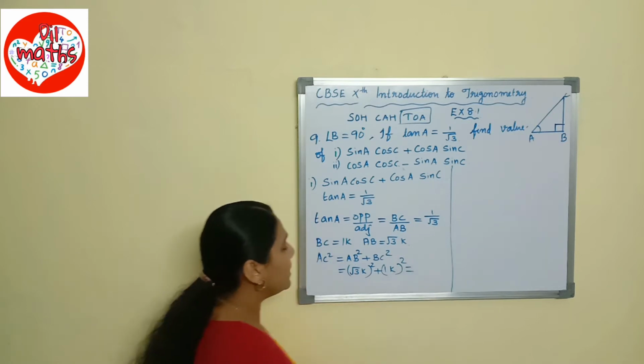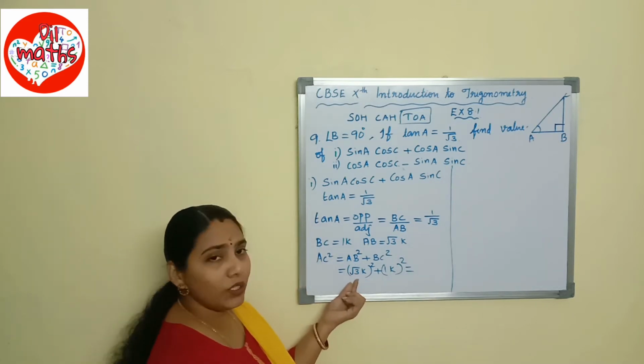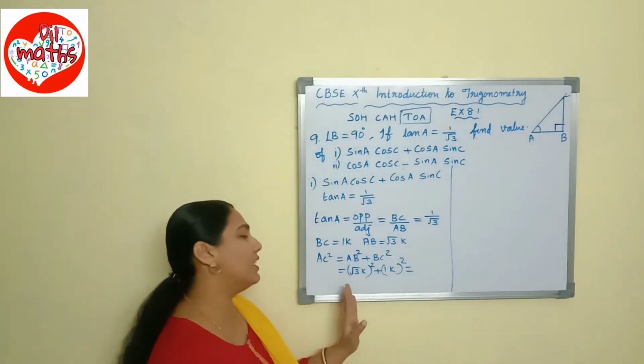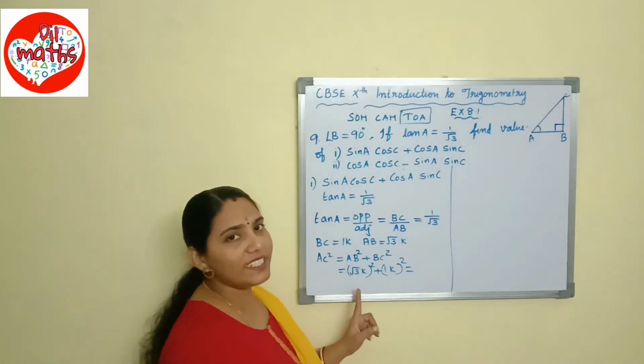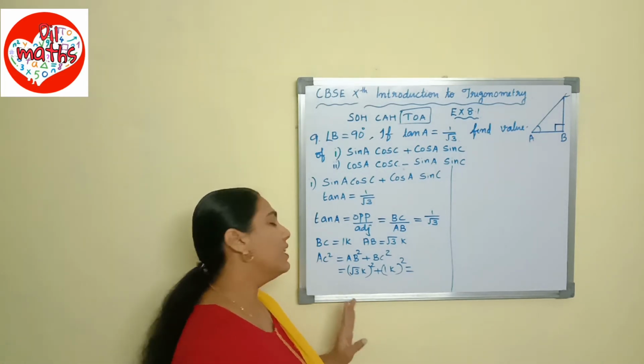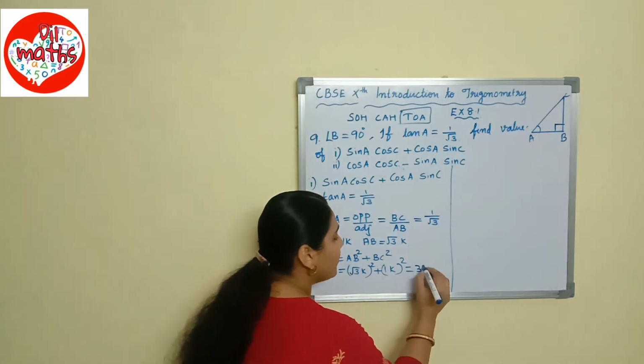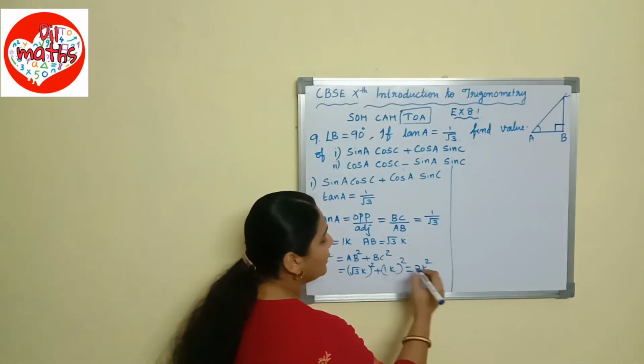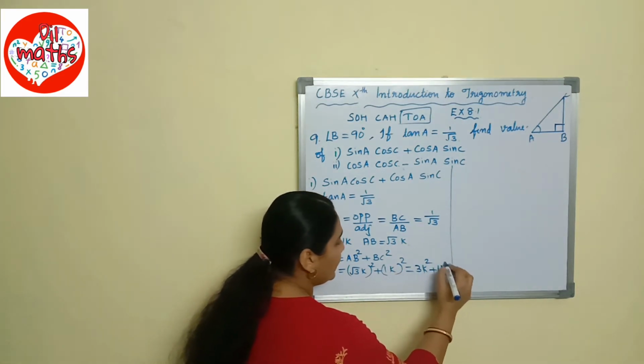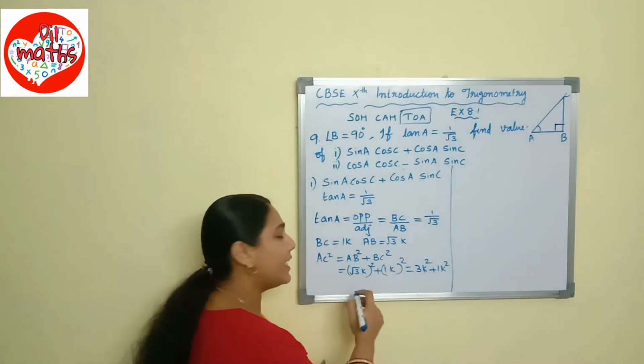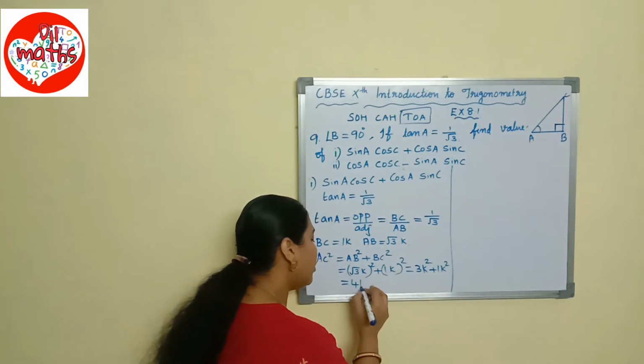So if you take the squares, root 3K the whole square: root 3 square is root 3 into root 3, then it will become 3. 3K square plus 1K square. Isn't it? So 3K square plus 1K square is equal to 4K square, you will get.